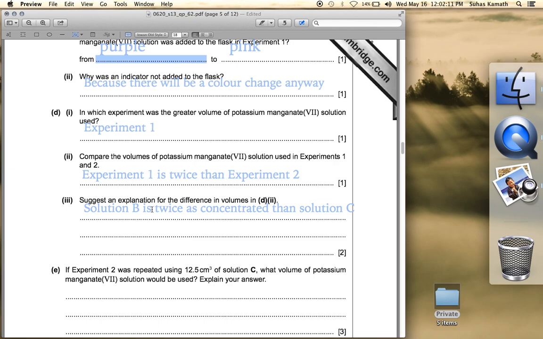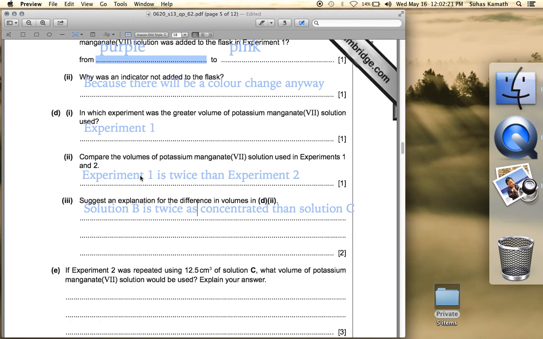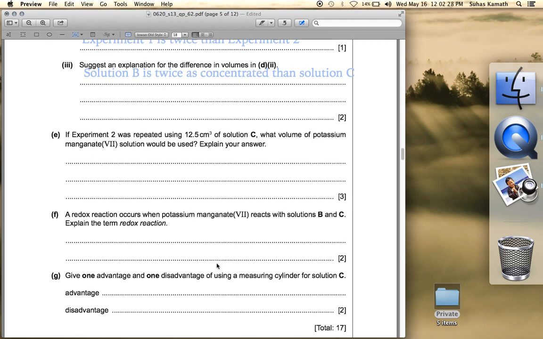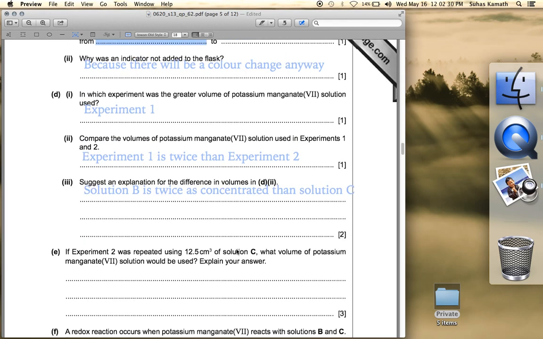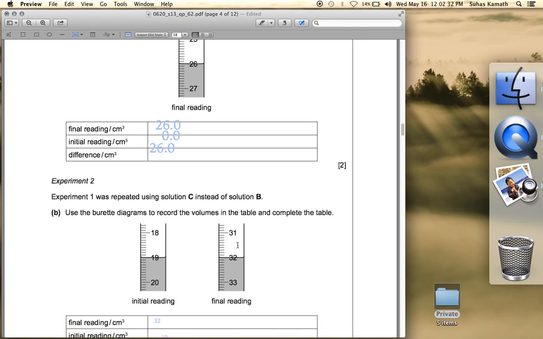If experiment 2 were repeated using 12.5 centimeter cubic of solution C, what volume of potassium manganate 7 solution would be used? So here you must see what has happened before. So solution C, experiment 2.